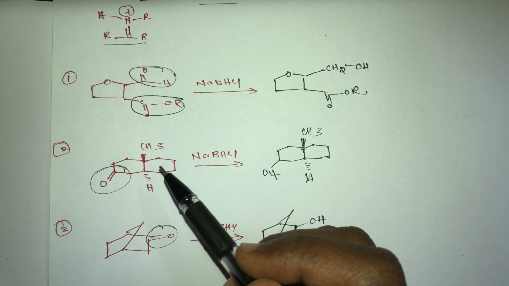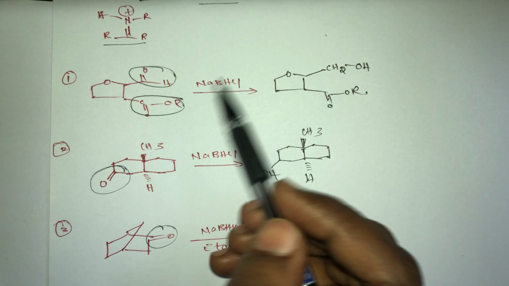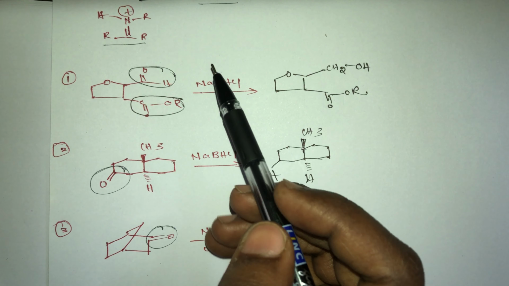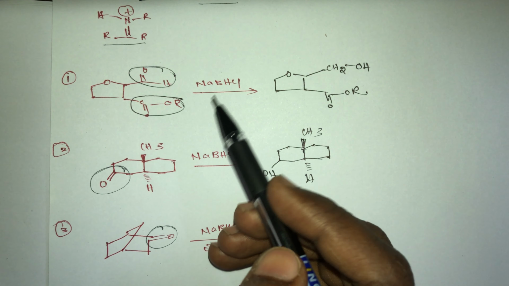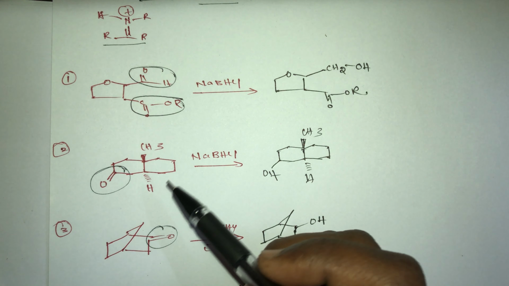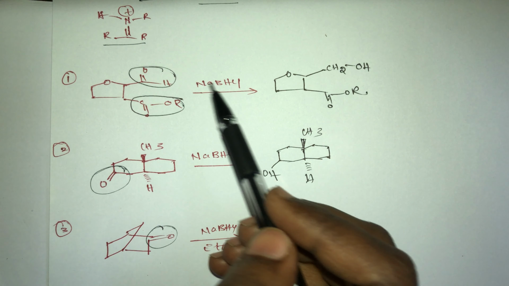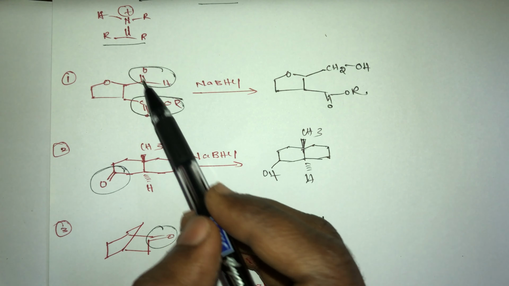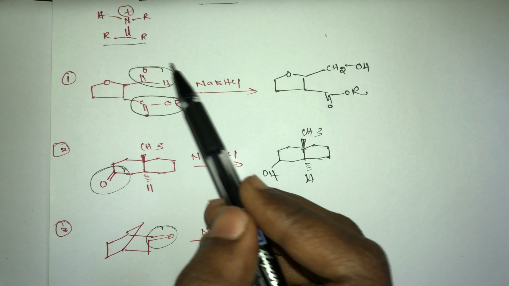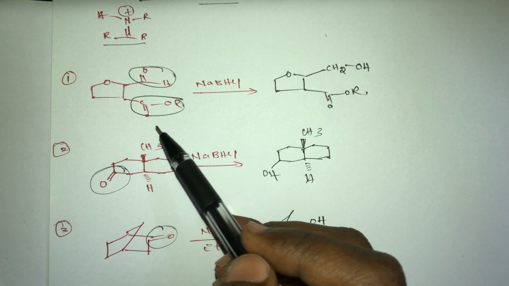It is also a reducing agent, right? When you use lithium aluminum hydride instead of sodium borohydride, it reduces carbonyl compounds as well as esters.